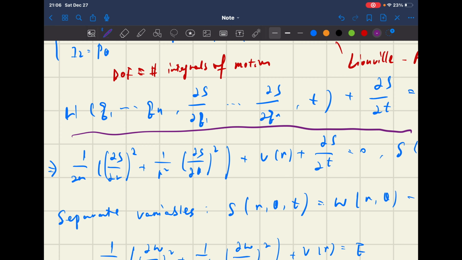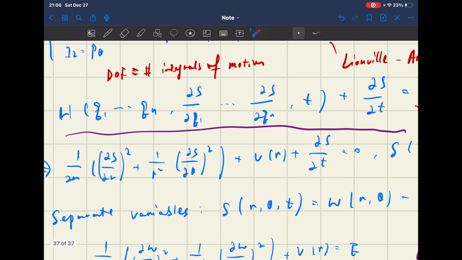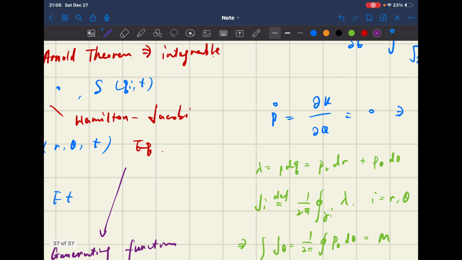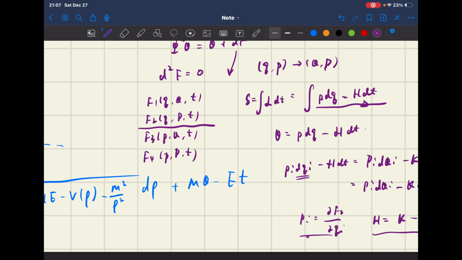You will see why this equation becomes very convenient. You change all the p-values to the partial of S over partial of q_i. So you automatically assume that S satisfies p_i equal to partial of S over partial of q_i, and that is over here.